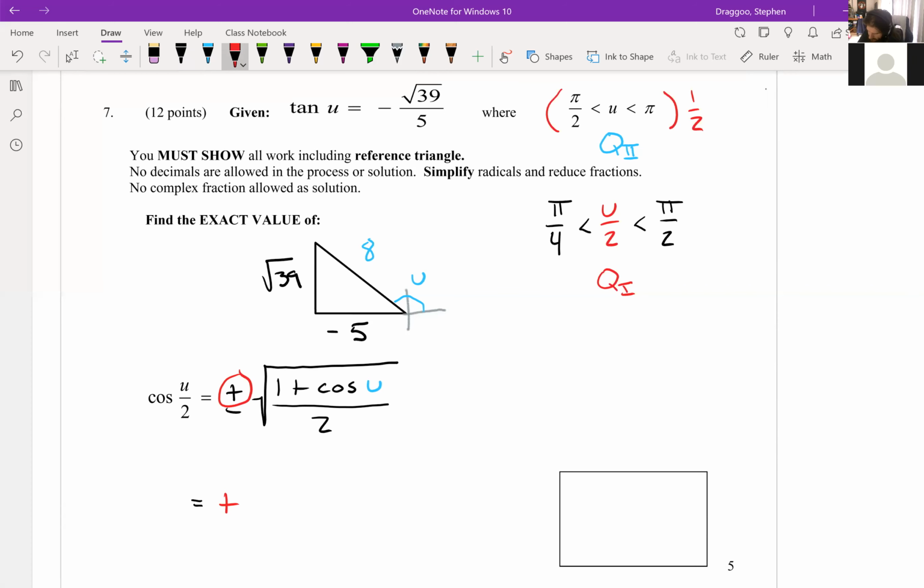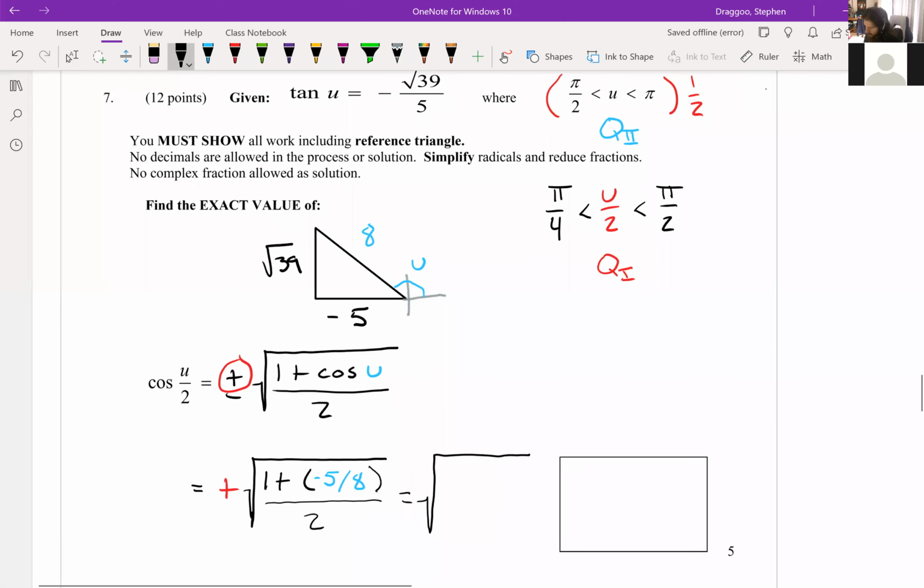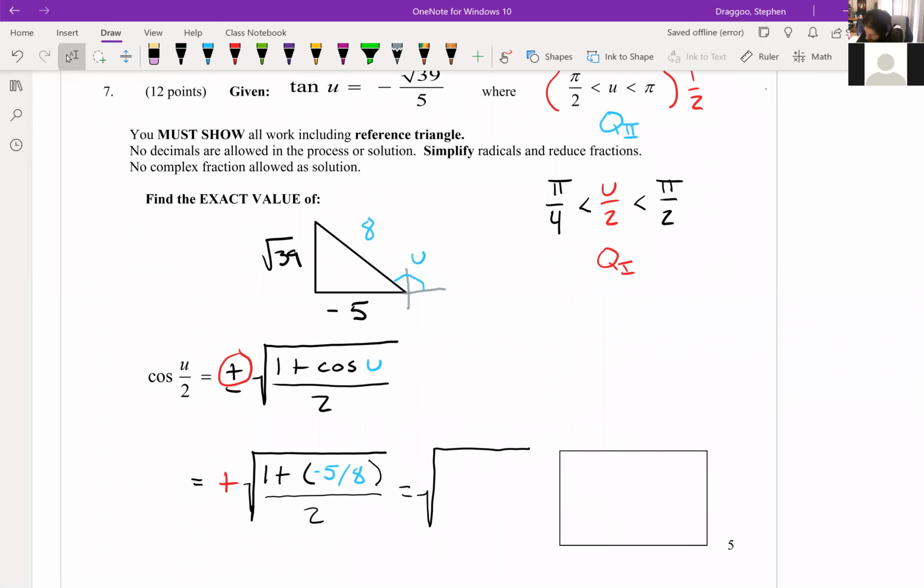So this will be positive square root of 1 plus cosine, which is negative 5 over 8, all of that over 2, which becomes the square root of 8 minus 5 divided by 16, which simplifies to the square root of 3 over 4. Make it clear that that is an 8 minus 5.